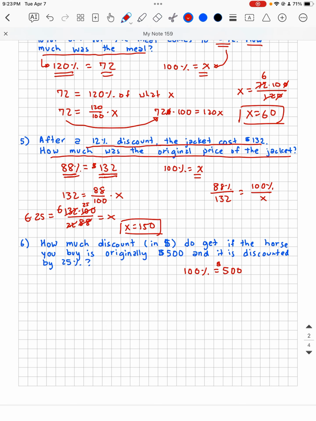So be very careful right here. I don't want to know the percent that you're supposed to pay, which is 75%. I want to know if you get 25% off, what is the amount that corresponds to that? So I'm solving for whatever 25% of 500 is going to be.